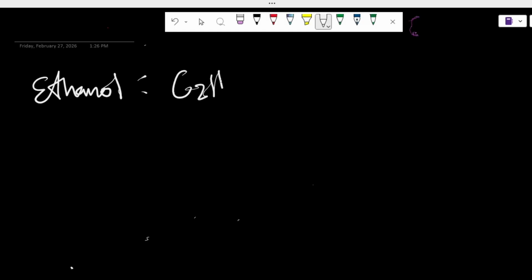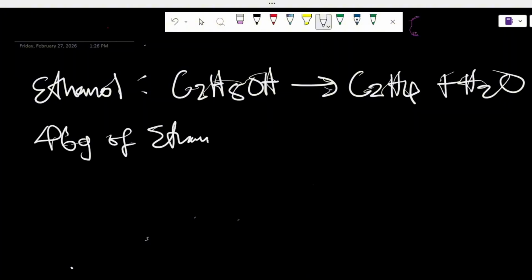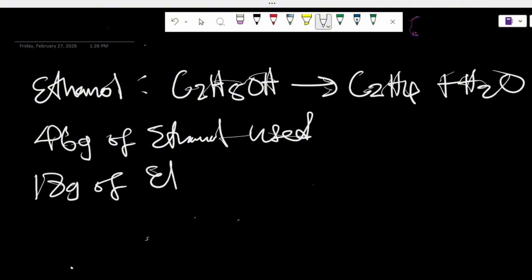This ethanol is actually broken down to these products, and let's say that we have 46 grams of ethanol used, and we have 18 grams of ethene collected.